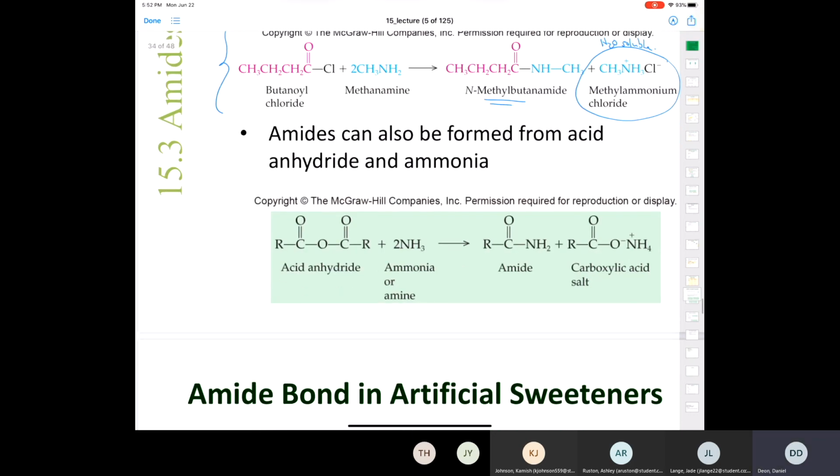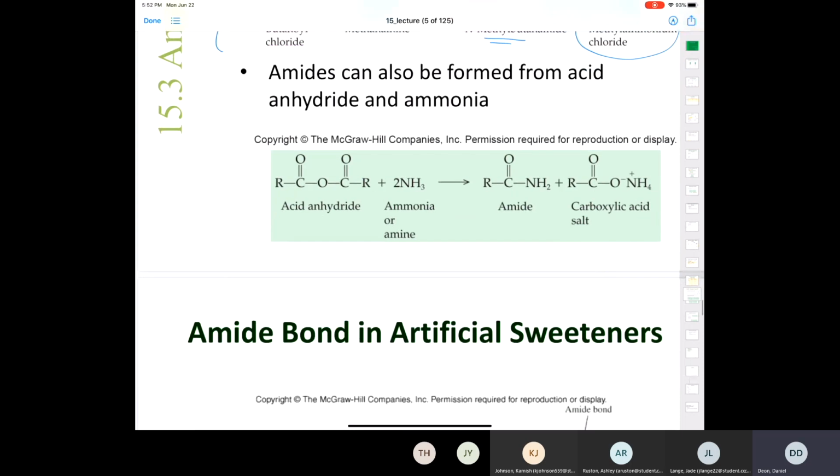All right. It also says that amides can be formed from an acid anhydride and ammonia. And we looked at the anhydride earlier on in this class. So you can use an anhydride, right? We looked at acid chlorides thus far, but an acid anhydride will work the exact same way as the acid chloride.